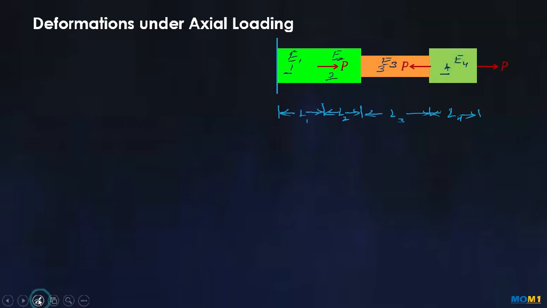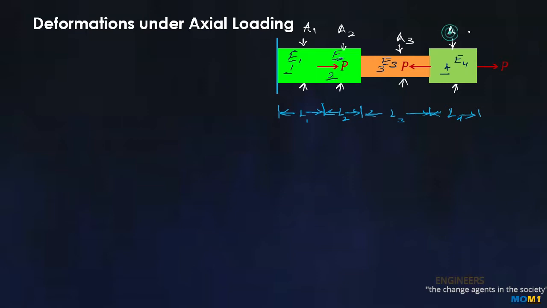And we can see that the cross-section area of section 1 and section 2 is apparently the same. The cross-section area of section 3 differs, and further the cross-section area of section 4 differs.